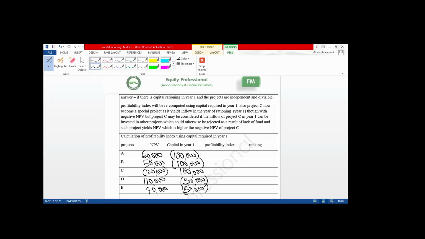In the year of capital rationing, a project is giving us cash inflow. Project A is a very bad project. But in that year of capital rationing, year 1, project A is producing cash inflow.